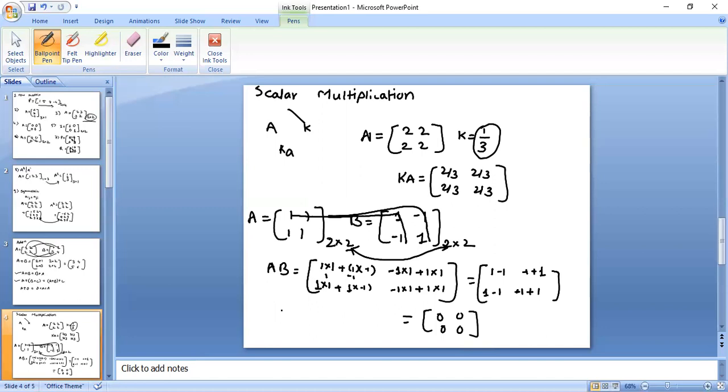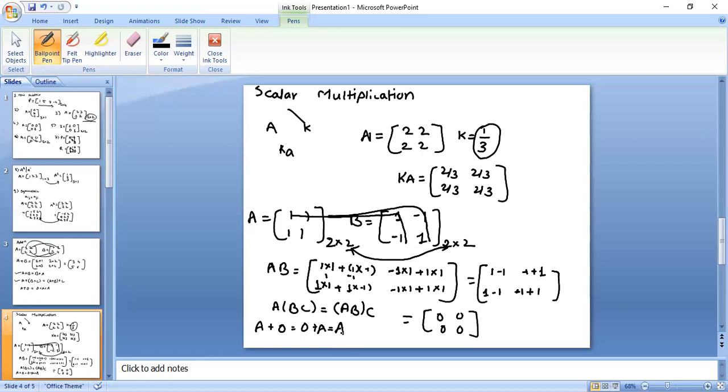So associative property is A(BC) equals (AB)C. This is associative property. Null matrix property is A plus 0, 0 plus A, equals A, where 0 is null matrix of appropriate order.